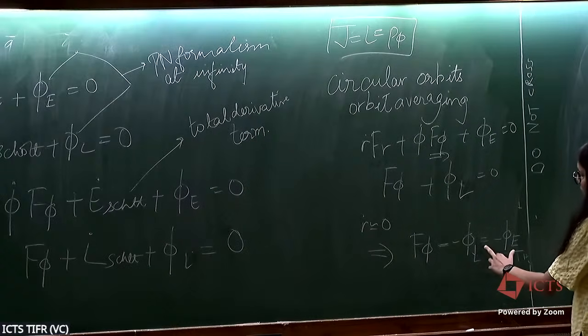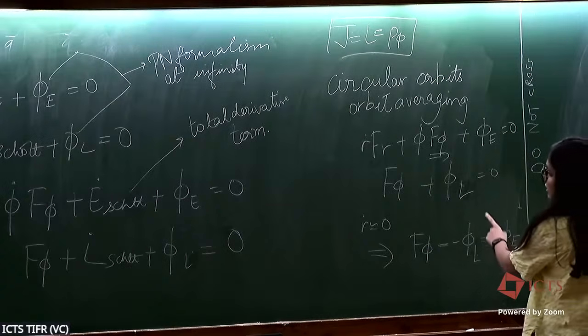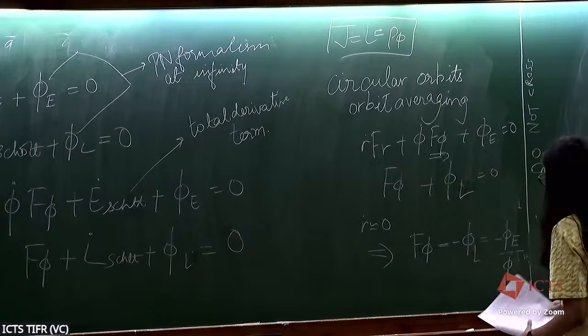So F phi becomes minus phi of the angular momentum, and it's related to the energy loss like this, where phi dot is nothing but omega.